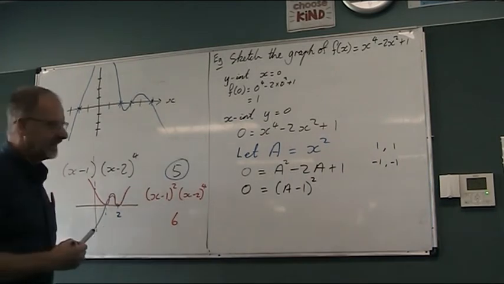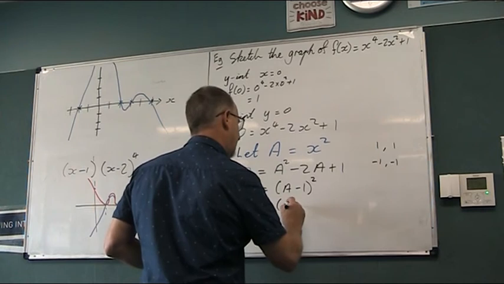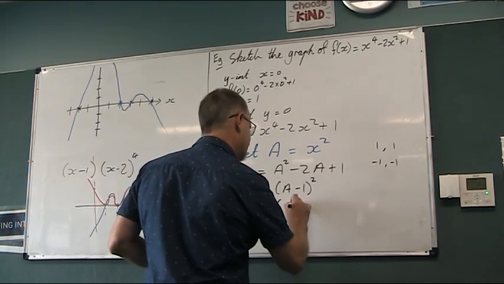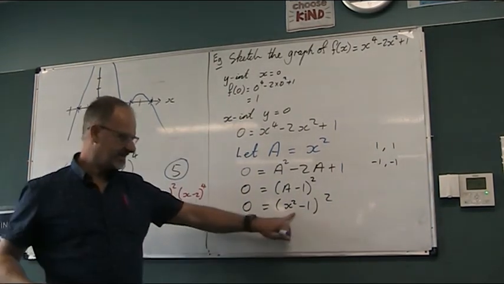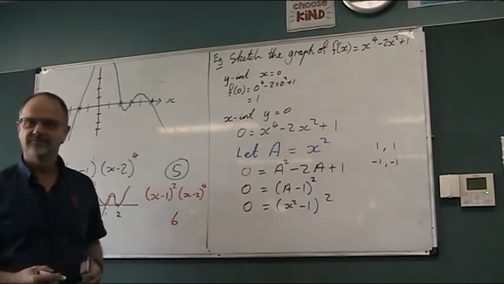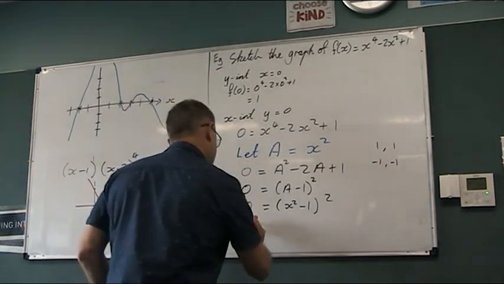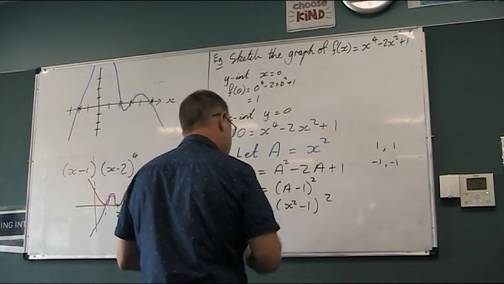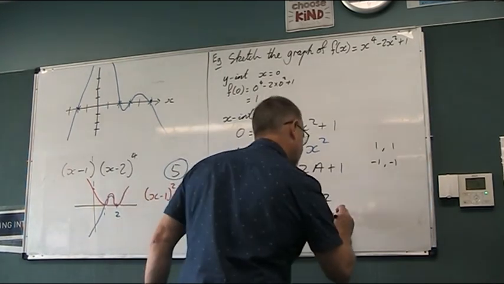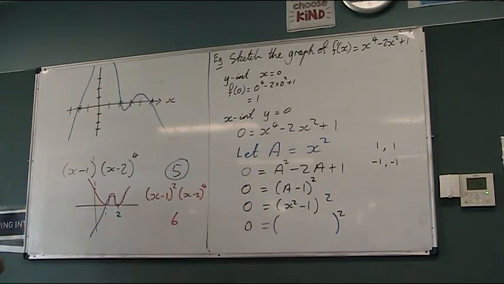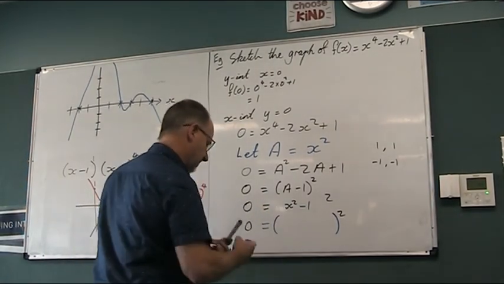Now, if I put my x squared back in, what is now inside this bracket? It is x squared. So I can now rewrite that like this, and I'm just using the blue bracket to emphasise, not because it needs to be blue.